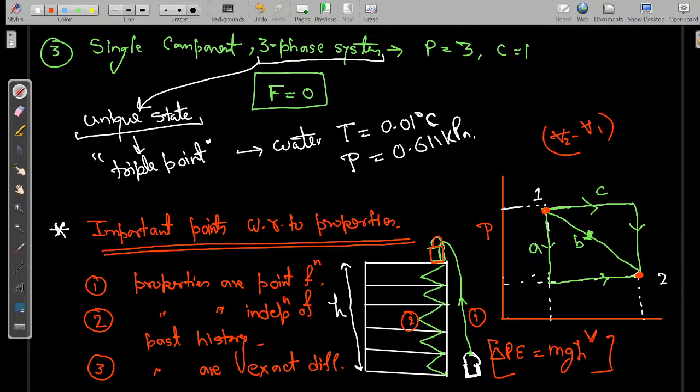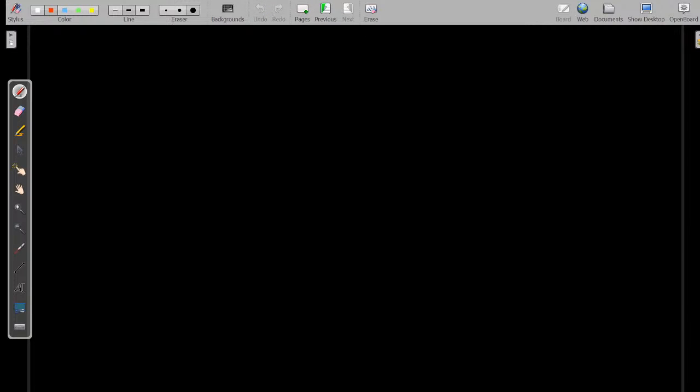Okay. What do you mean by exact differential? Exact differential means you can write the change in property or integral directly. If it is a property, then you can write it as v2 minus v1.